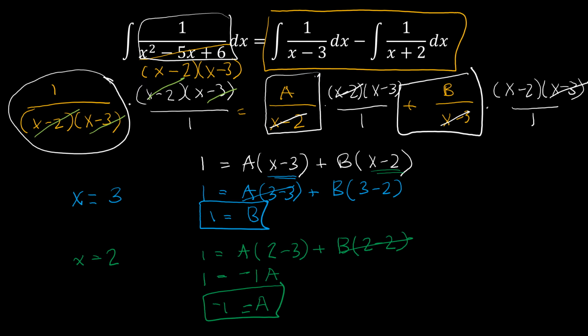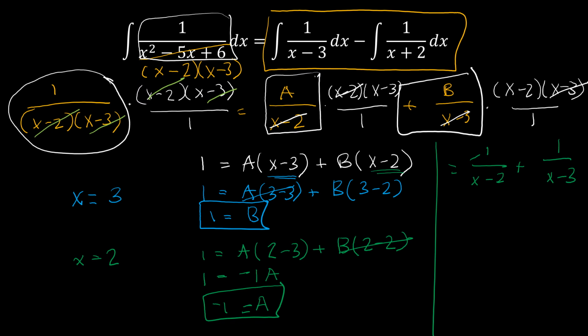So now I can rewrite that my expression is equal to a, which is negative 1 over x minus 2, plus b, which is 1 over x minus 3.